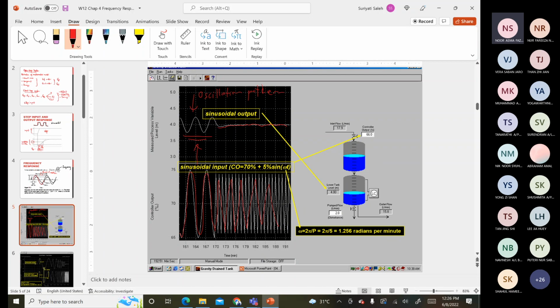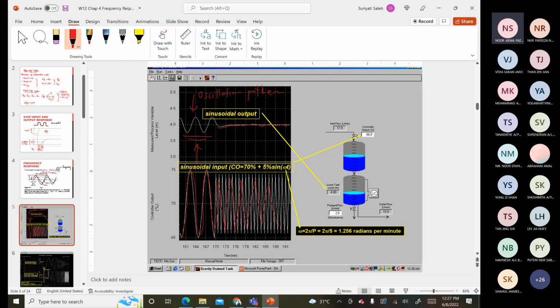But if we increase the frequency, we can see the controller output behave up and down, increase and decrease at a faster rate. However, when we increase the response at the faster rate, it contributes to the ability to maintain at the required value, which is 4 meter.